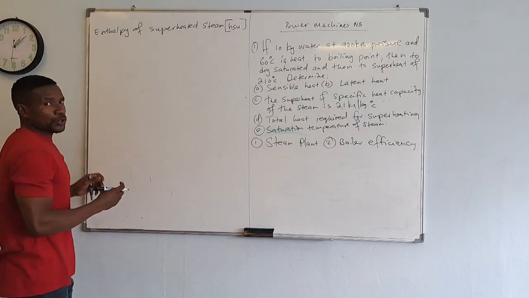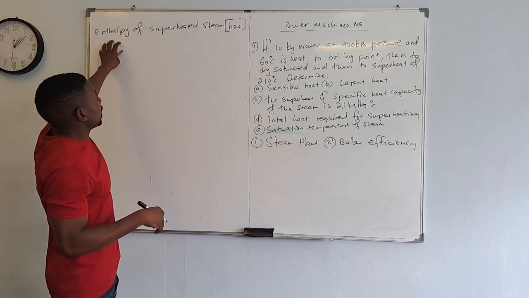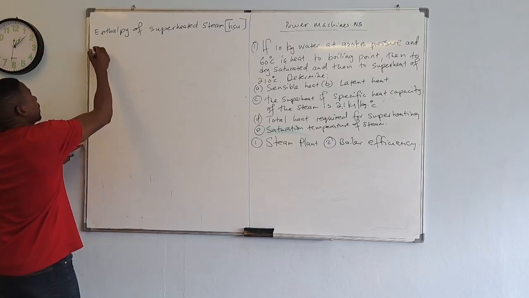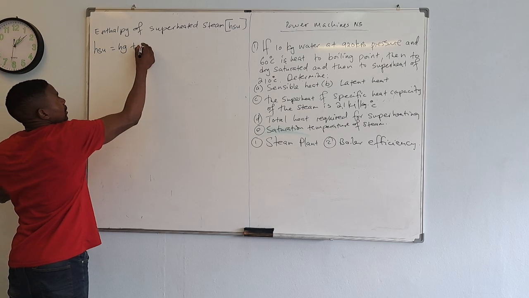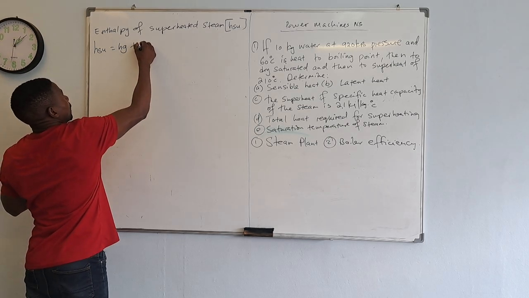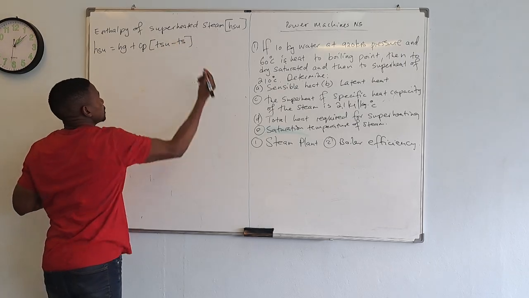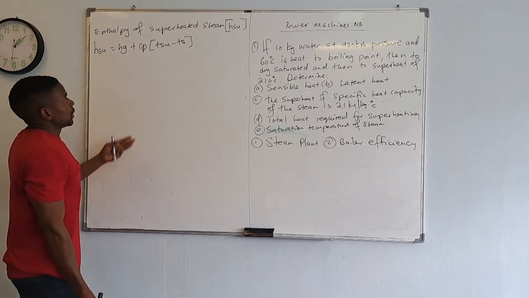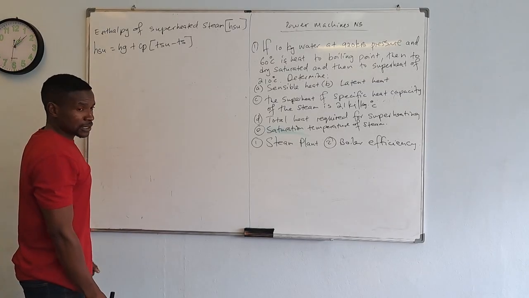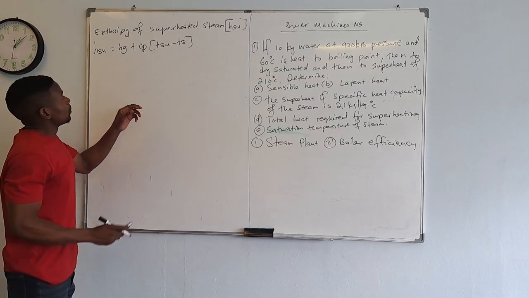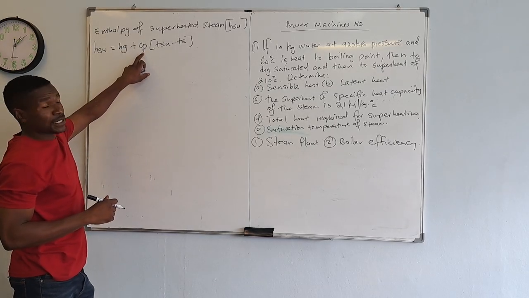The formula we use to calculate the enthalpy or the energy of superheated steam is HSU equals Hg plus Cp into Tsu minus Ts. This formula is also on your formula sheet, so there's no need to stress much about it. But the most important thing, you will find that our specific heat capacity is our Cp.